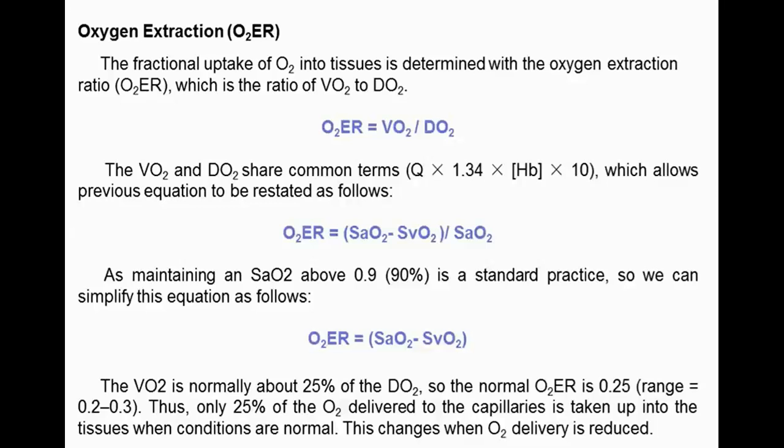While VO2 is the same, but the saturation is not arterial, it is the difference between arterial and venous. So we can cancel both of them above and below. The simplified equation: oxygen extraction equals saturation arterial minus saturation venous divided by saturation arterial. The saturation arterial is 100, so it's just saturation arterial minus saturation venous, because it's 1.